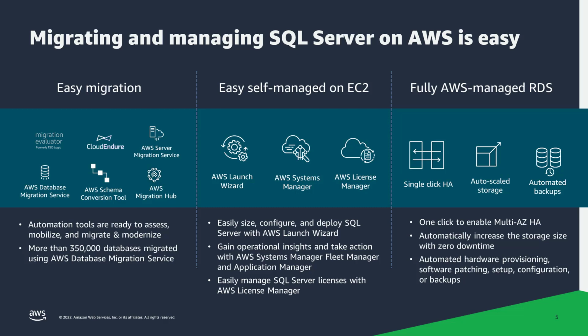I'm going to talk more about database migration and schema migration assessment tools in just a minute. Customers can choose to run their SQL Server instances either on self-managed instances on EC2 or Elastic Compute Cloud, or run their SQL Server on an AWS managed service called RDS or Relational Database Service.